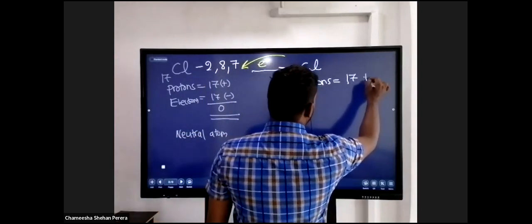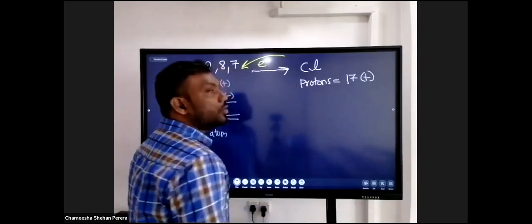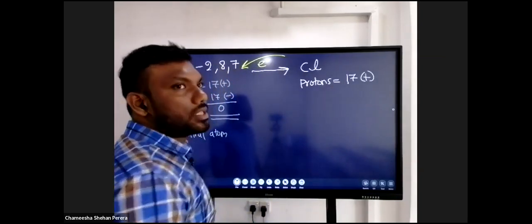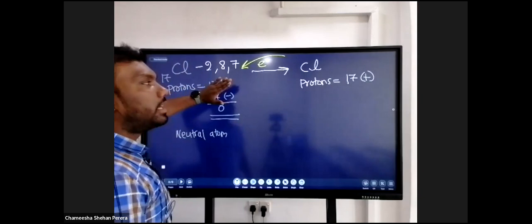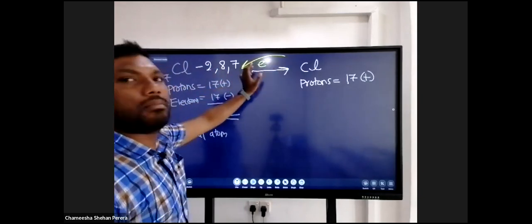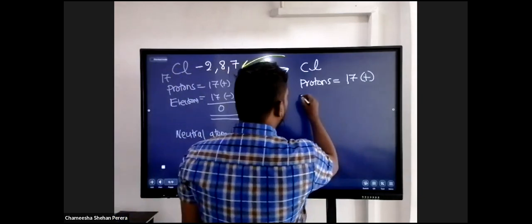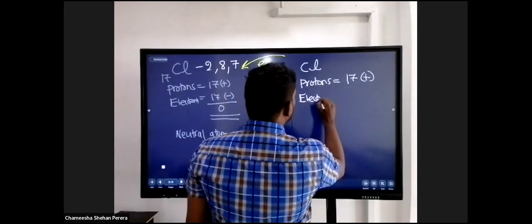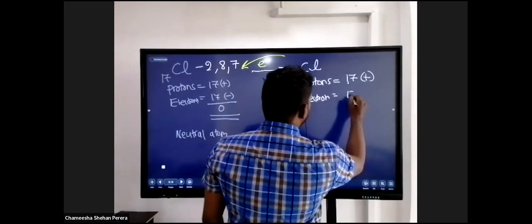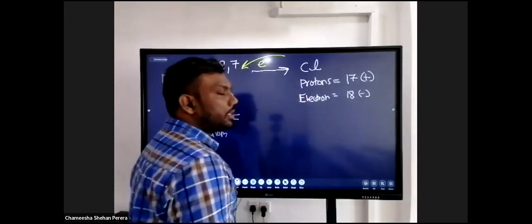And as you know, protons are positively charged. What can you say about the electrons? It had 17 and it accepted one more electron. That means the electron number here is 18, negatively charged electrons.